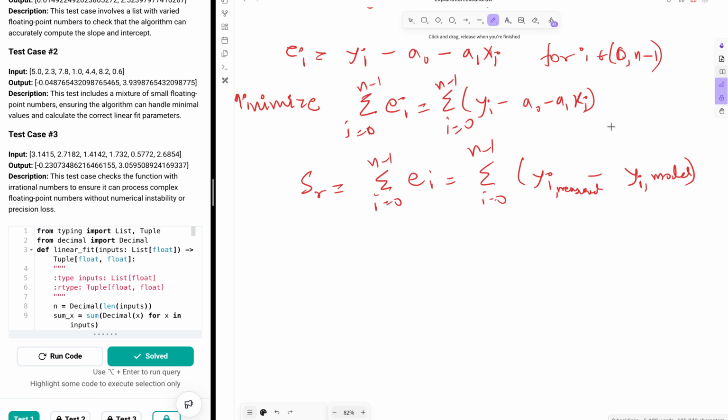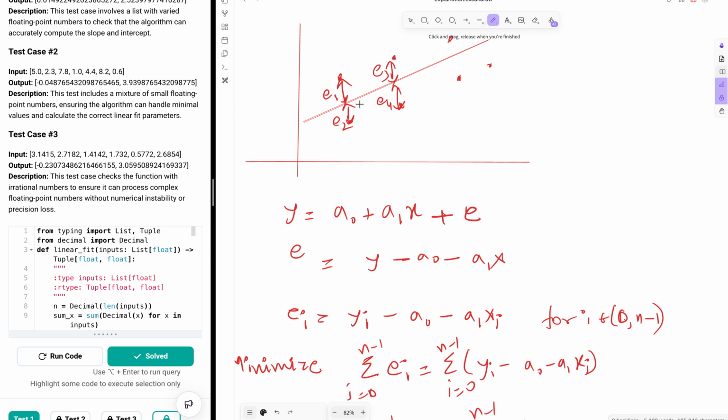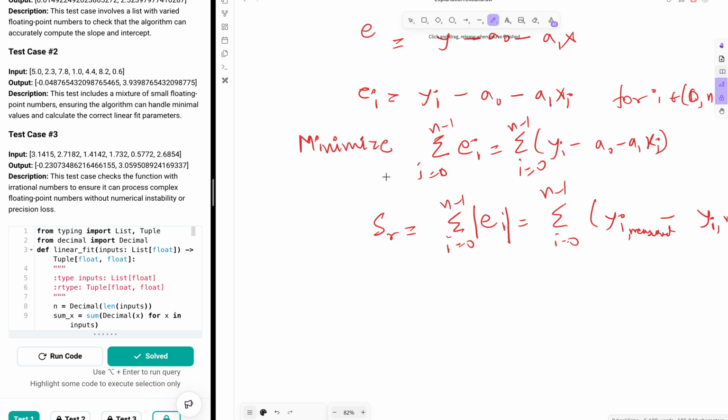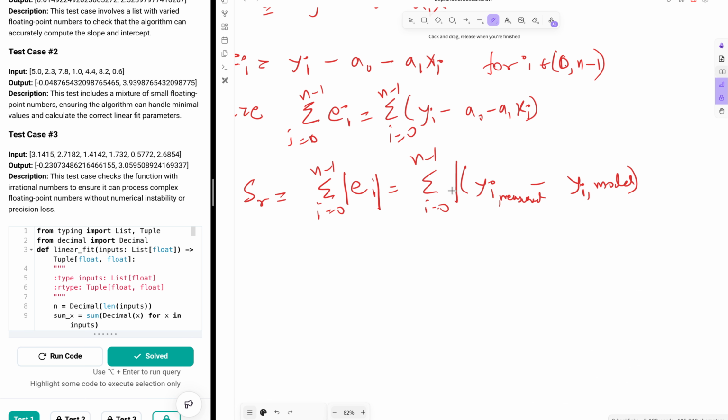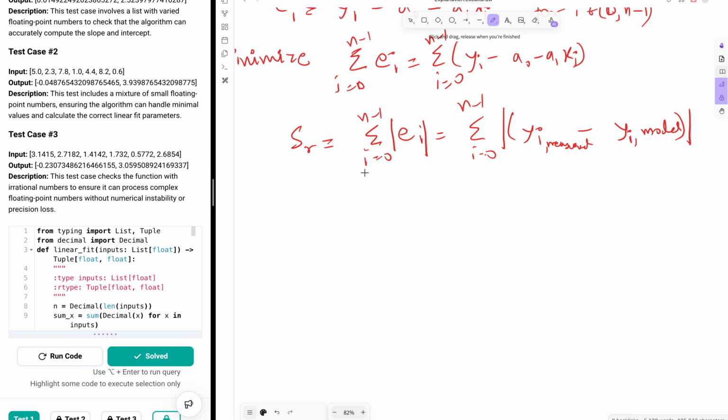Now we'll apply modulus, because we need to take just the positive values of the errors. So we'll apply absolute modulus, and now to remove the modulus we'll take the square of this function.